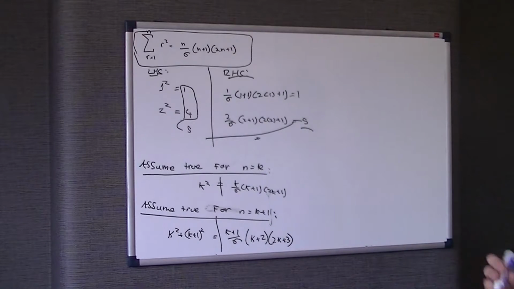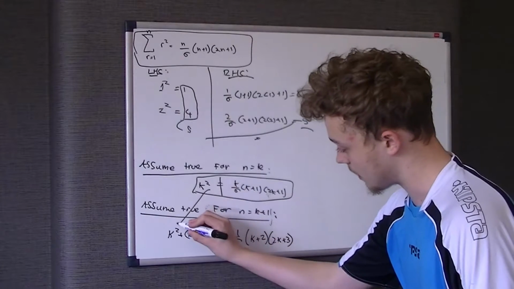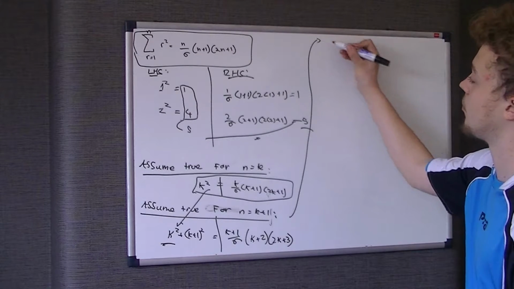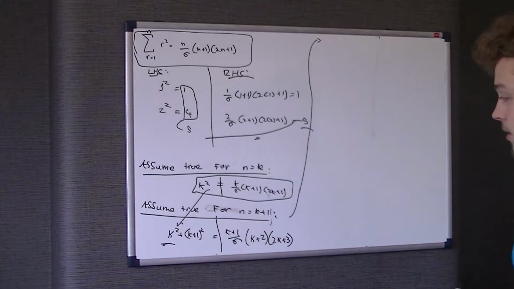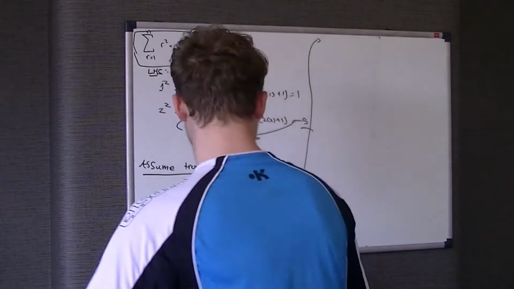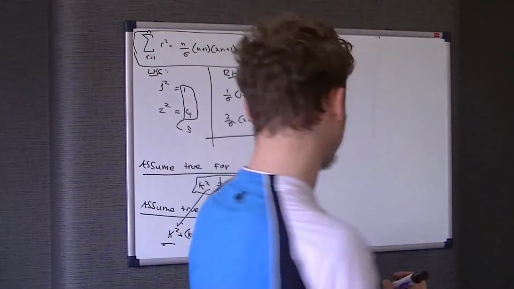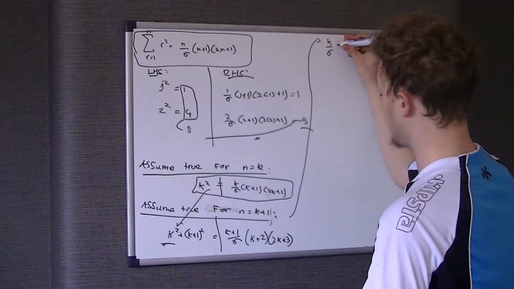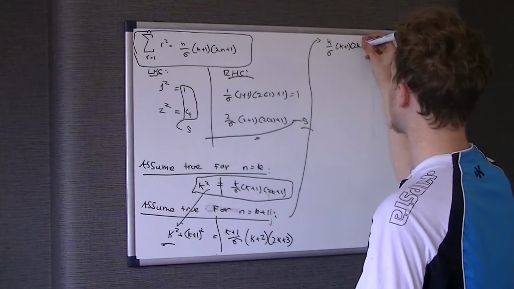Okay, so the next step was subbing this k squared into that k squared there, and doing a new line of working for that. So you just input k squared into that k squared there and keep them as equal. We say k squared was k over 6 times k plus 1 times 2k plus 1. So just sub that in for k squared, so k over 6 times k plus 1 times 2k plus 1.